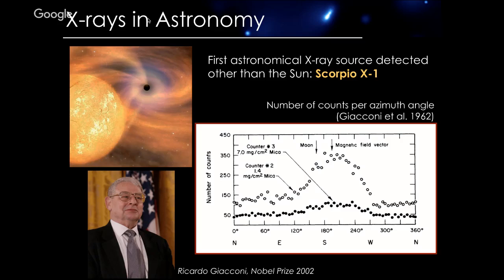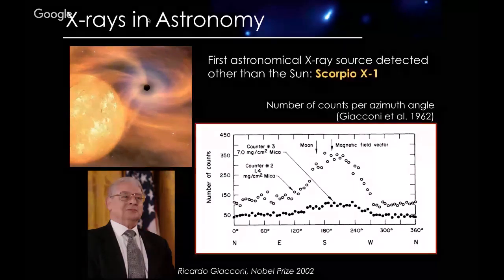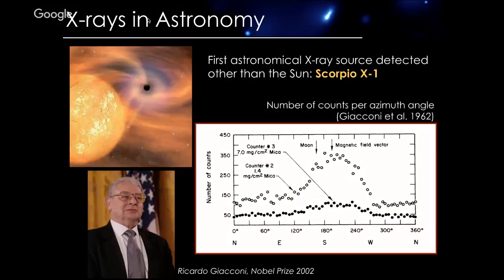And this also happened in a kind of funny way. There were people like Riccardo Giacconi here who thought X-rays were interesting to study in astronomical sources. We were talking about back in the 50s or 60s, and all that people knew was that the sun emitted X-rays in the sky.